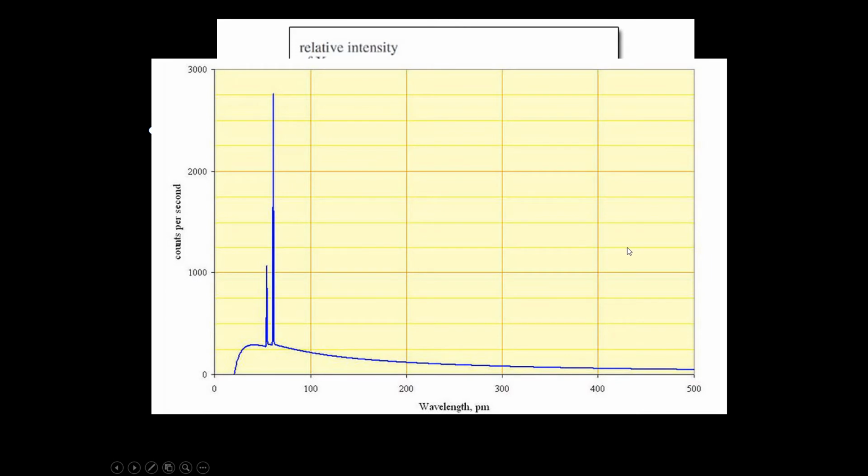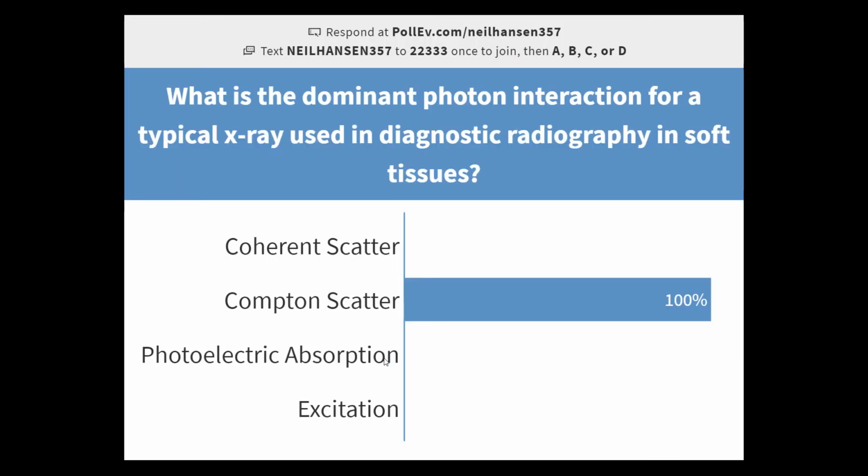Here's again an X-ray spectra from a mammogram. Showed this last time. Much cleaner spectra with relatively fewer random Bremsstrahlung X-rays and many more characteristic X-rays being produced due to the photoelectric setup for mammography.